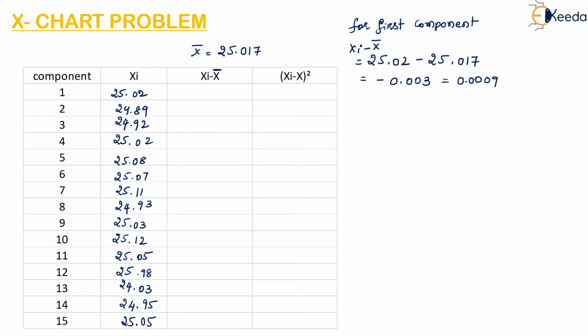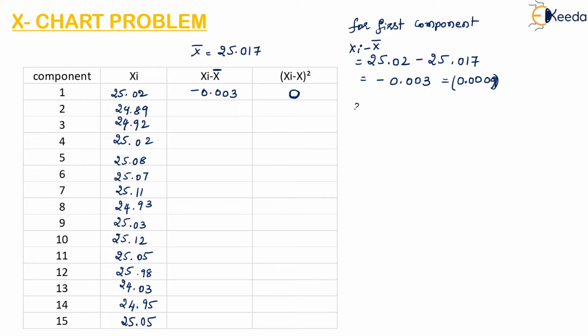Whenever we get a value which has 3 zeros after the point, let us consider it as 0. So this value we consider as 0.